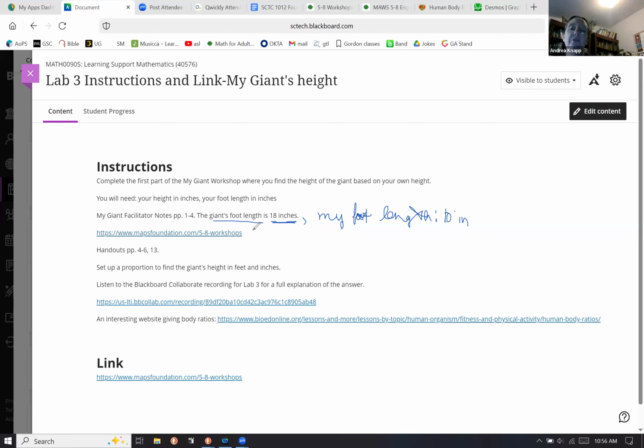So what can we put into a proportion for the information we don't know? X. You can just use X or N, some letter. You could use H. So set up a proportion to find the giant's height in feet and inches.